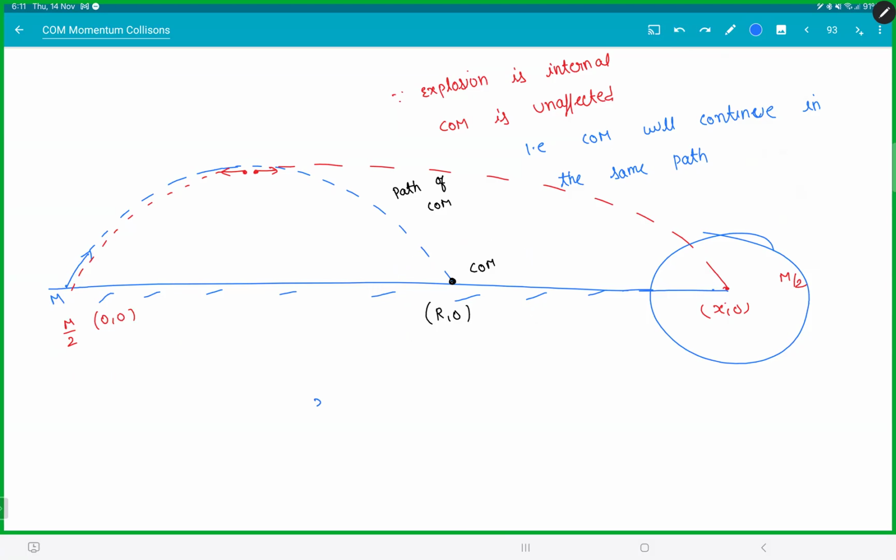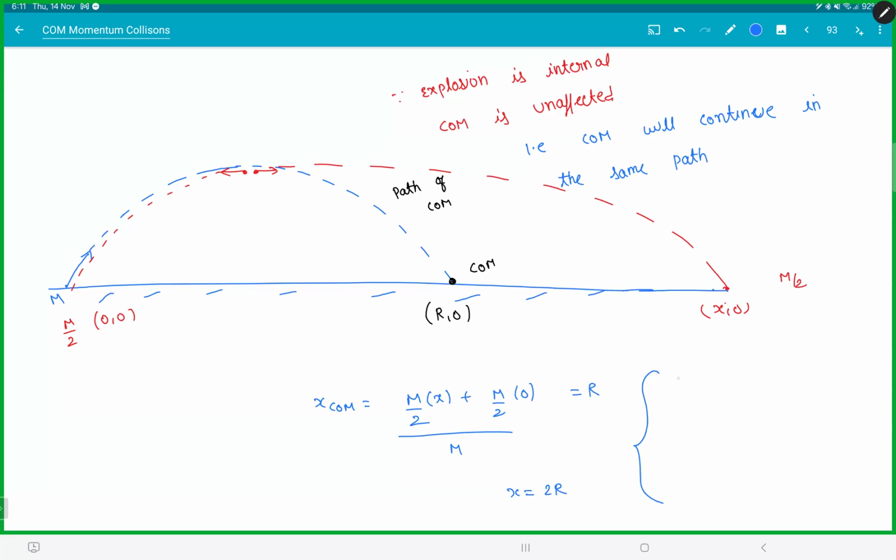So x center of mass will be m by 2 x plus m by 2 0, by total mass m, must be R. x is 2R. It's basically the midpoint. The center of mass of the m by 2 pieces must be at R comma 0.